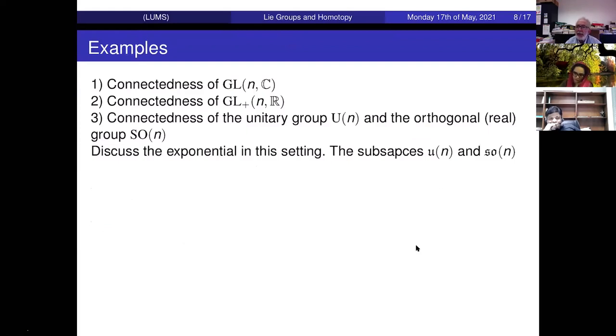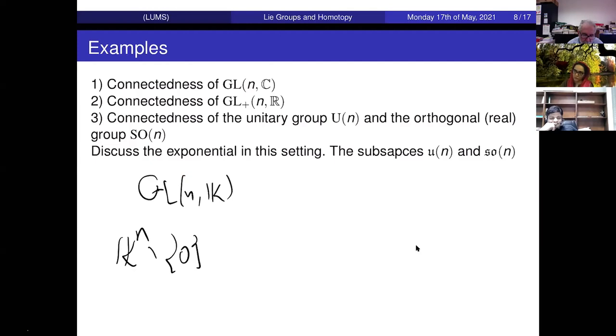For instance, how can we prove that GLn(C) and GLn(R) are both connected? Let us see. I take GLn(K) and let it act transitively on this open set, just by the tautological action, on a non-zero vector v by P applied to v.